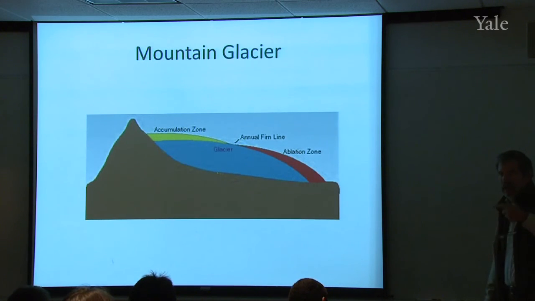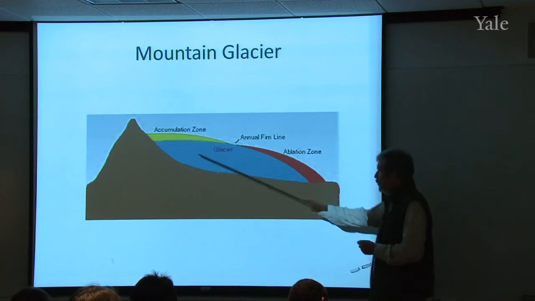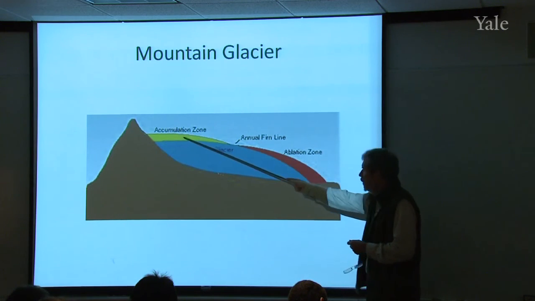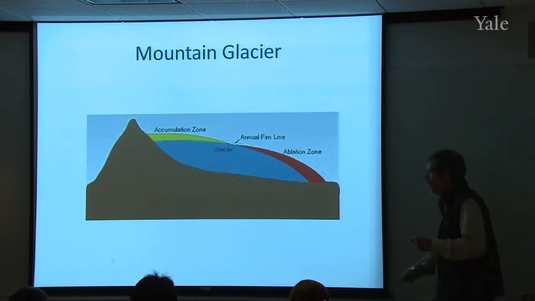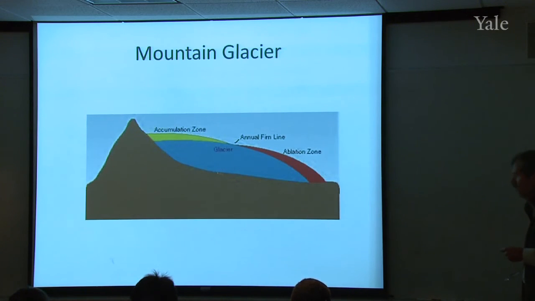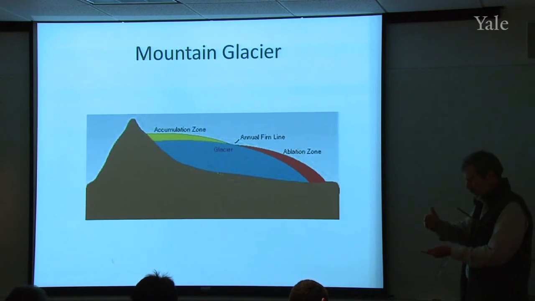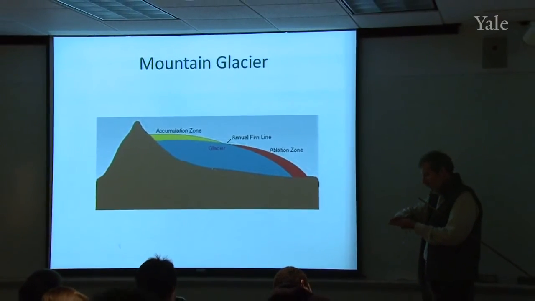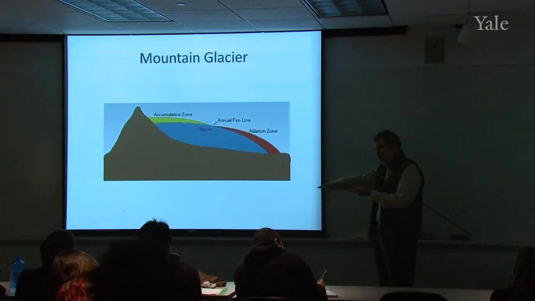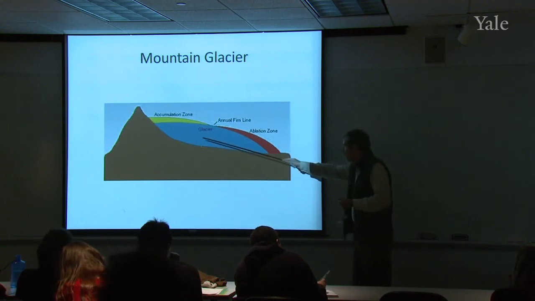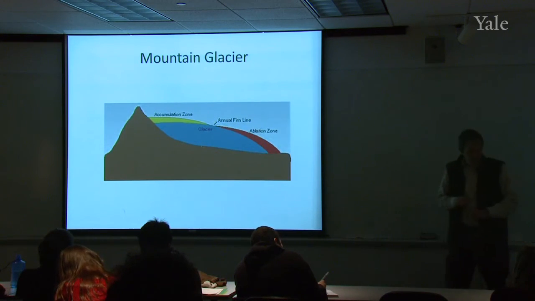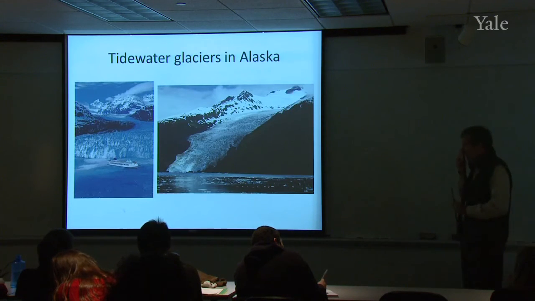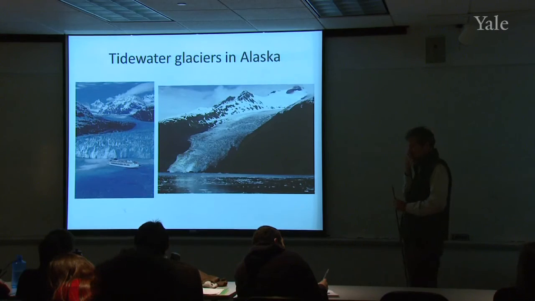You've got to balance that mass in some way, and that is eventually balanced by a liquid-like flow down the mountain slope by the glacier itself. Some of it is accomplished by distorting the ice, and some of it is accomplished by just sliding the ice along the bottom. But in any case, it is moving under the influence of gravity. And then, in some cases, it makes it all the way down to the ocean surface.